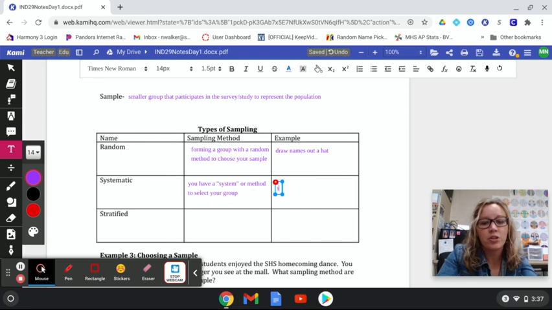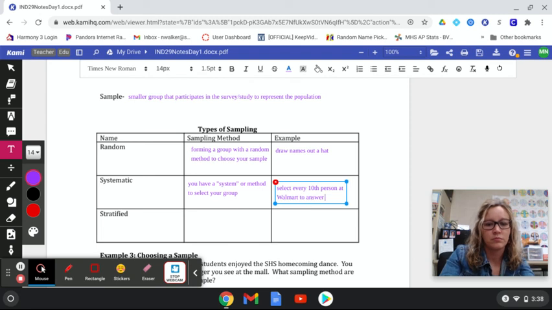So our example here is you're going to select every 10th or every 5th or however, whatever number you want to choose. All right, so you are going to answer some questions every 10th person.